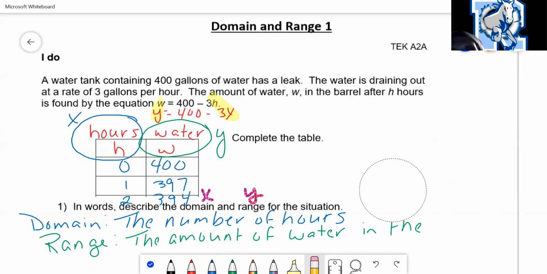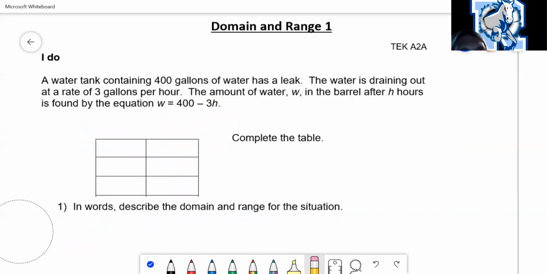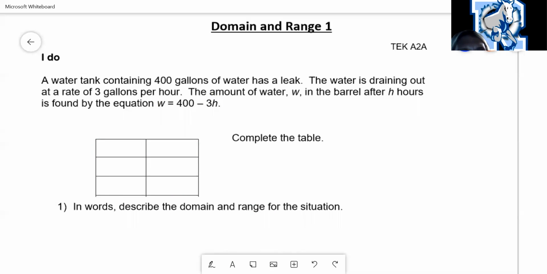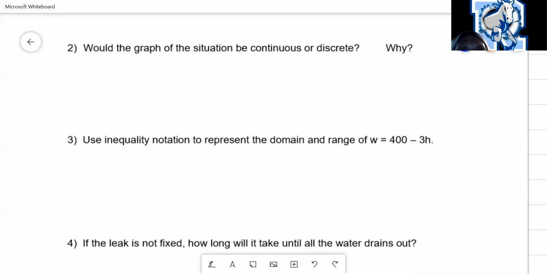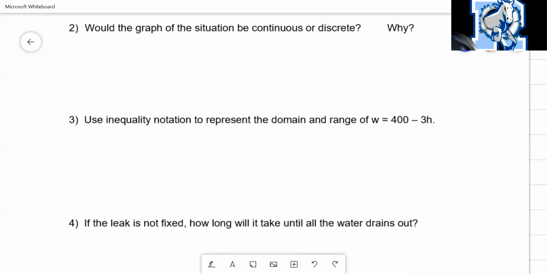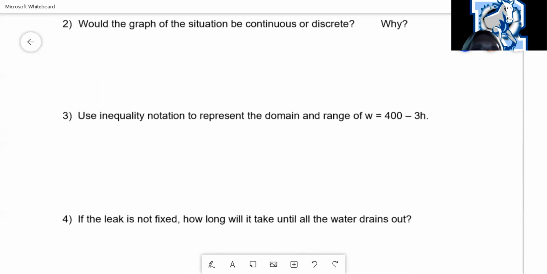All right, let me erase this and move mine down. Now it's asking us, would the graph be continuous or discrete?